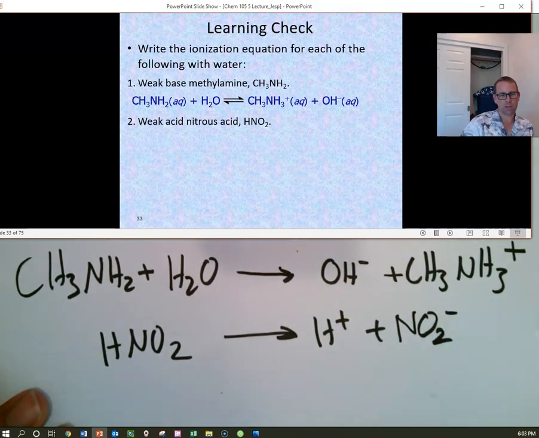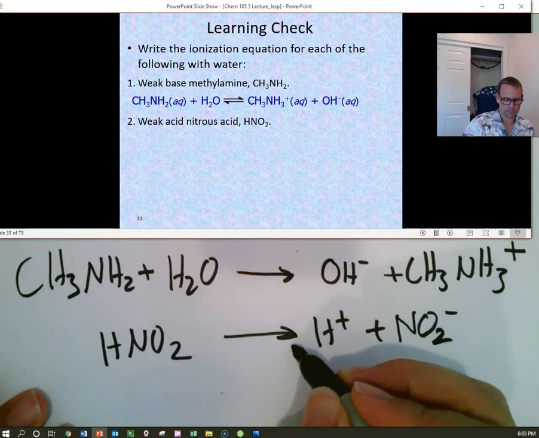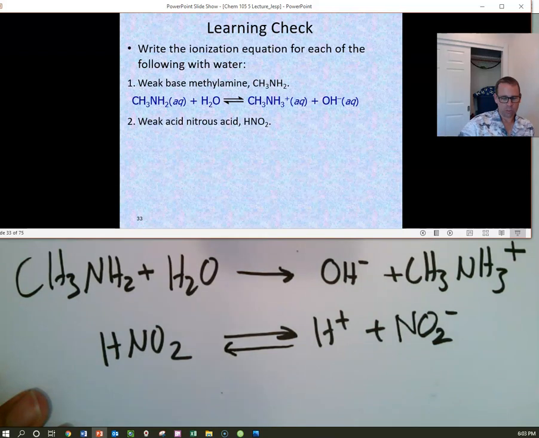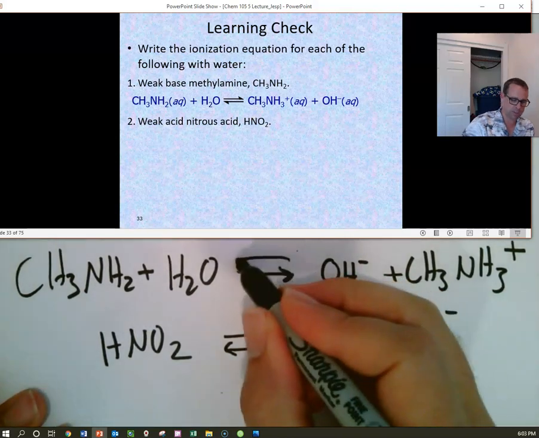Very good. And now, because it's a weak acid, there's one more thing we do. Do you remember? We just draw a second arrow to show that these two can come back together and form the starting material. We should have done that with the weak base as well. Very good.